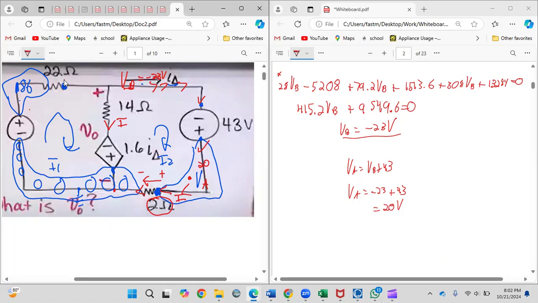In this case it's going in the same direction, so you had to go from something up here down to zero. So you expect here to be technically higher than here. Whatever you get for VB, that will be the answer. So it'll be negative 23. And that is basically it.